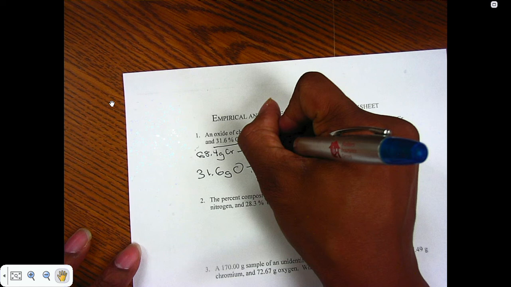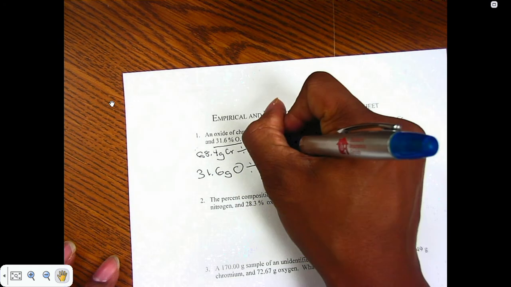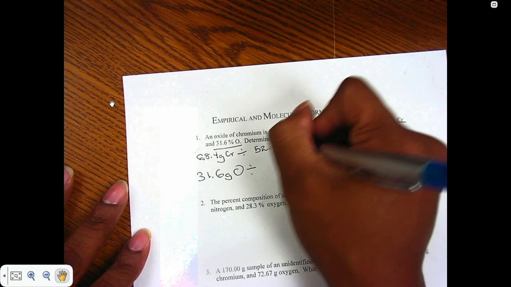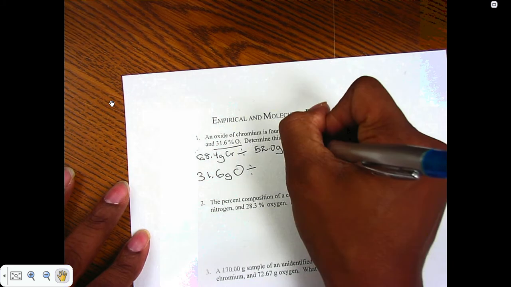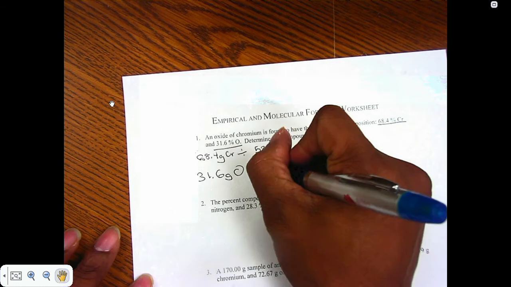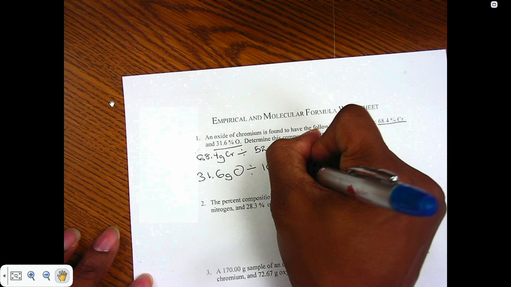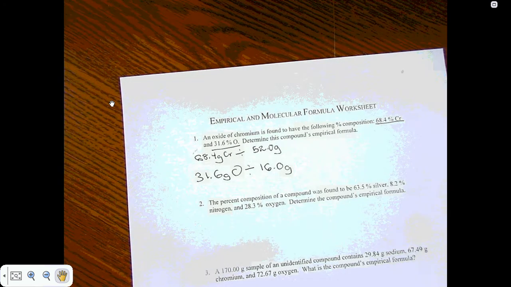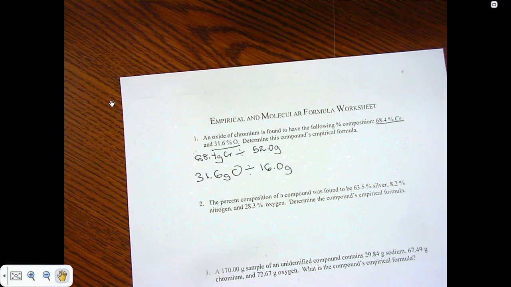Chromium is, let's say 52, because it's like 51.99 or something like that. So I'm going to assume 52.0 grams, and my oxygen is going to be 16, as I mentioned earlier. That represents the first step that I use when solving this question.